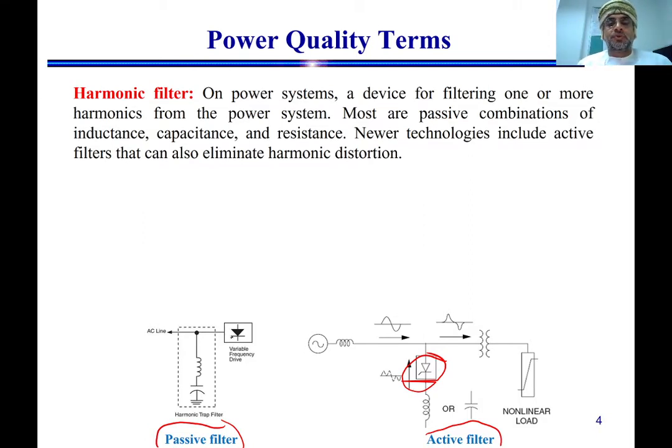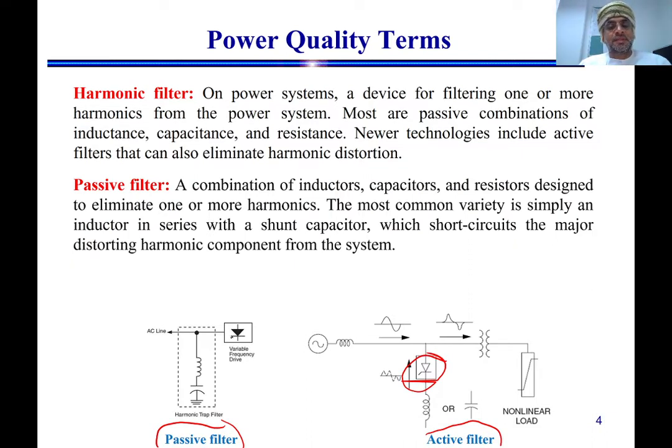Most of those filters are passive combinations of inductance, capacitance, and resistance. Those are the most common type of filter. We call it passive, but we also have a new technology of filter, which is called active filter. And again, the purpose of both the passive and the active is to eliminate the harmonic.